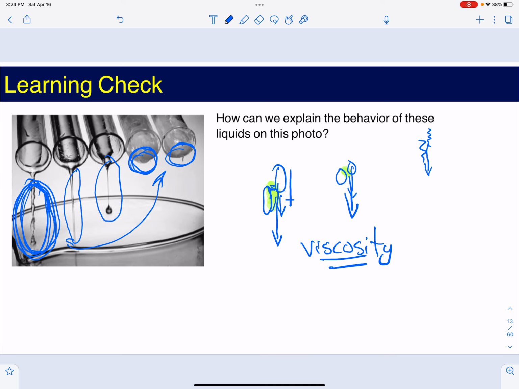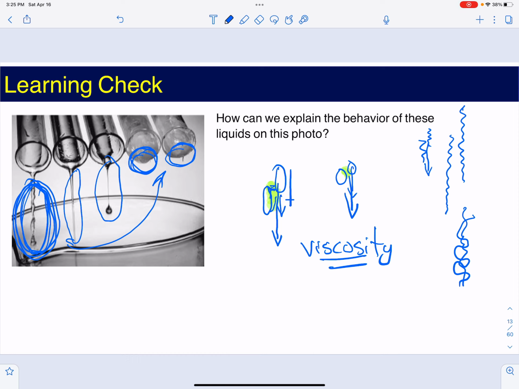But in addition to that, something like this can happen. If you have a molecule like this and another molecule like that is trying to flow by, they can do something like this, and they can entangle together. And if they entangle together, the eventual flow of one molecule past the other is going to be harder. And that's going to create also a higher viscosity.